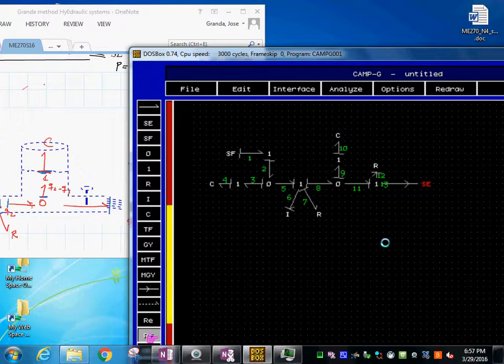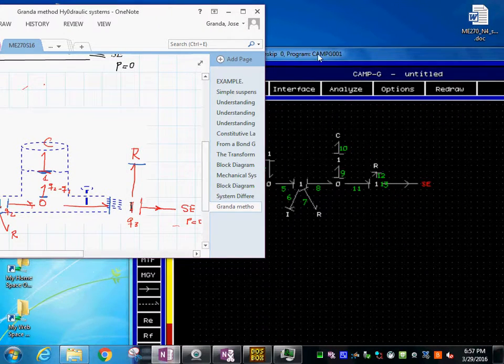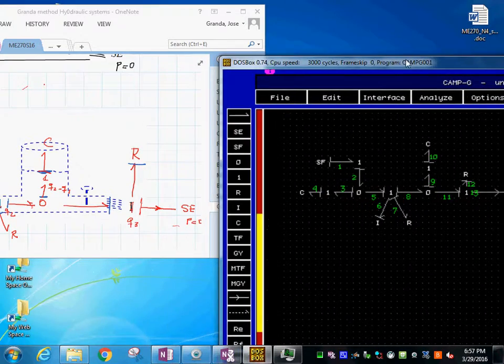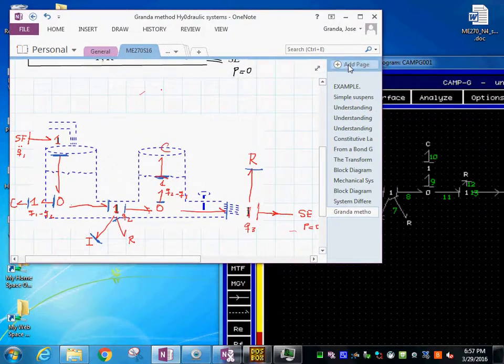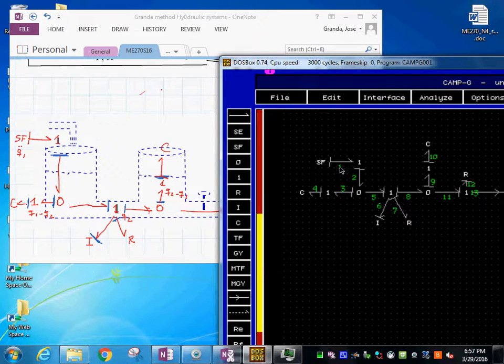And my objective here was to show you the causal assignment that we did by hand has to be the same as you see there. This one is like this, they are all like that. See, there's perfectly a one-to-one correspondence with the bond graph model and the one that we did by hand in here.